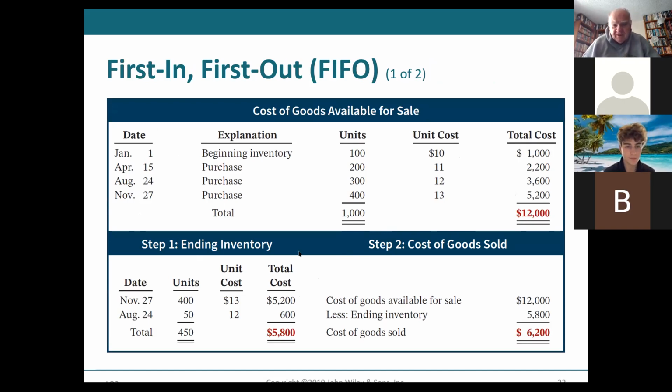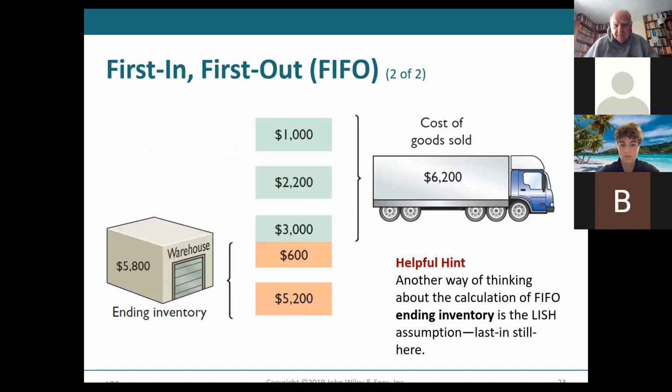Well, which ones did they sell? They sold 550. They sold 100 from the beginning inventory. They sold these 200. That's 300. And then they sold 250 from the 300. In other words, that leaves us with 50 in the ending inventory at 12 and 400 at 13. Now, I know I'm going a little bit fast. I just want to get through this little intro, and then I'll take it to my slides. First in, first out.